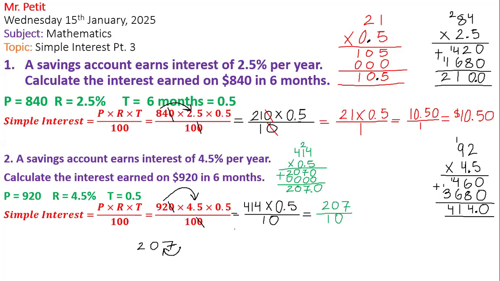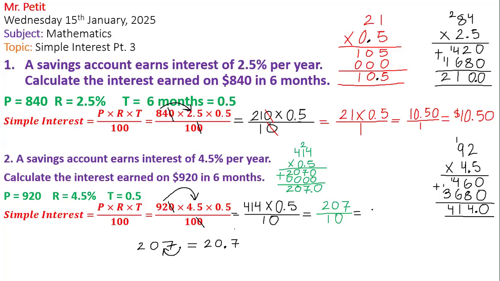So it's just going to be 20.7. This is a very important shortcut. You don't have to show all your work, but you still get the same answer. If it's division by 10, you just move the decimal to the left.